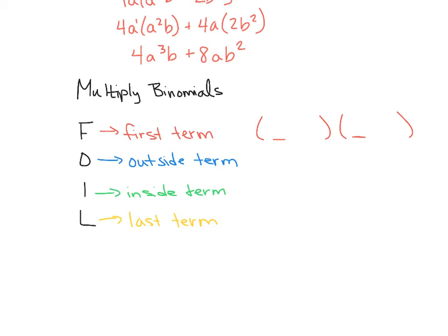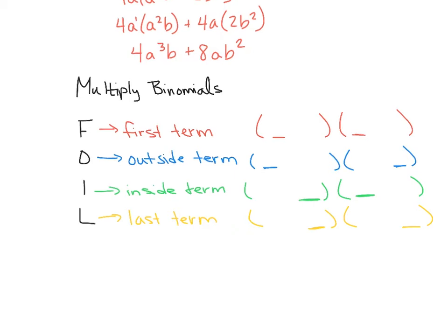The outside term would be the term here and here because they're on the outer. The inside term would be here and here because they're inside, and then the last term is here and here. Okay, so this is called the FOIL method.